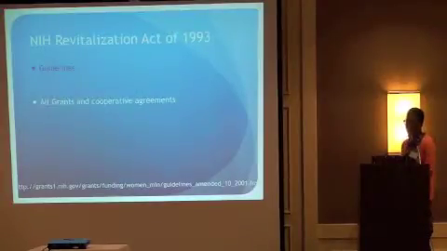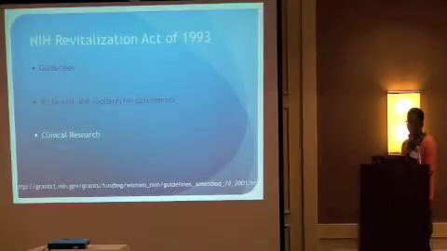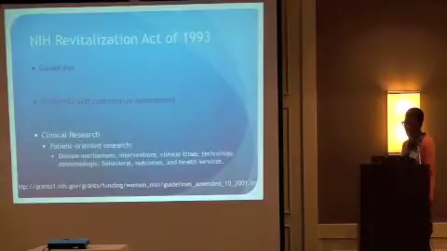It applies to all grants and cooperative agreements and clinical research, which is defined as patient-oriented research, which includes research conducted on human subjects or material of human origin, for which an investigator directly interacts with human subjects. Specifically, mechanisms of human disease, therapeutic interventions, clinical trials, new technology, epidemiologic and behavioral studies, as well as outcomes and health services research.